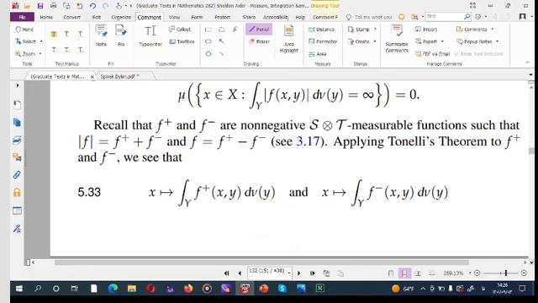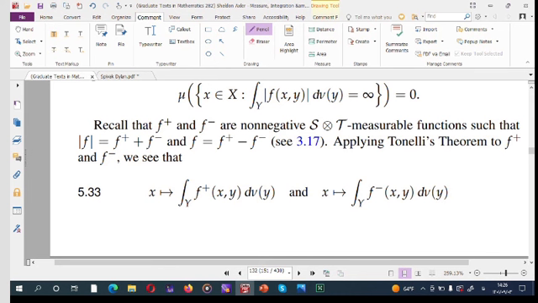Now recall that f plus and f minus are non-negative S tensor measurable functions, such that the absolute value of f equals the summation of f plus and f minus, and f equals f plus minus f minus.